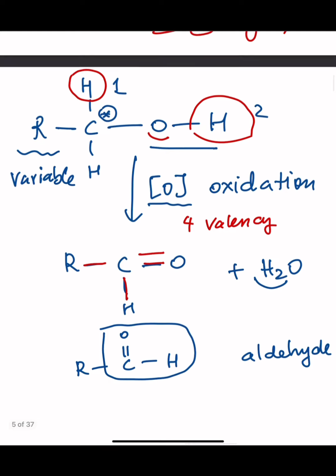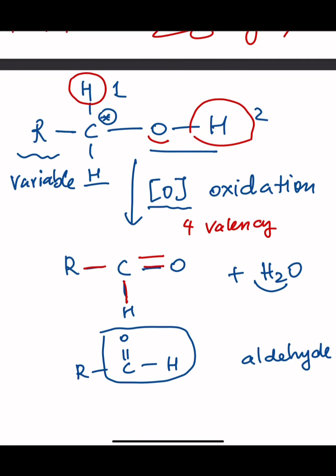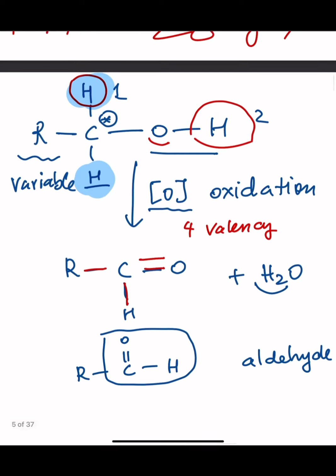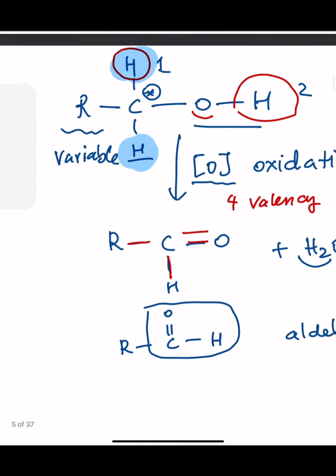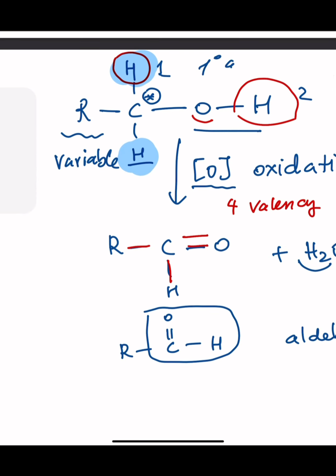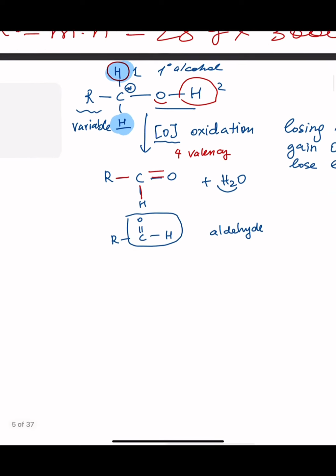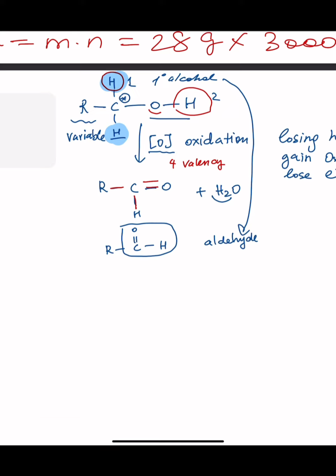And you can see from here that because I have 2 hydrogens in here, I know that this is a primary alcohol, right? So primary alcohol. So we know that primary alcohol gives what? Through oxidation, aldehyde. Okay?